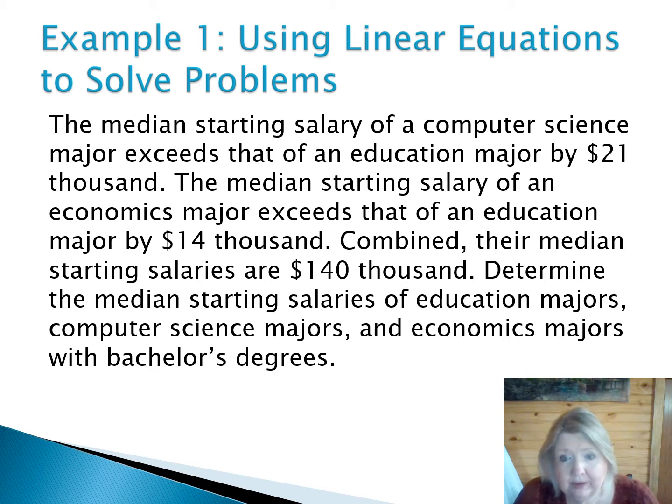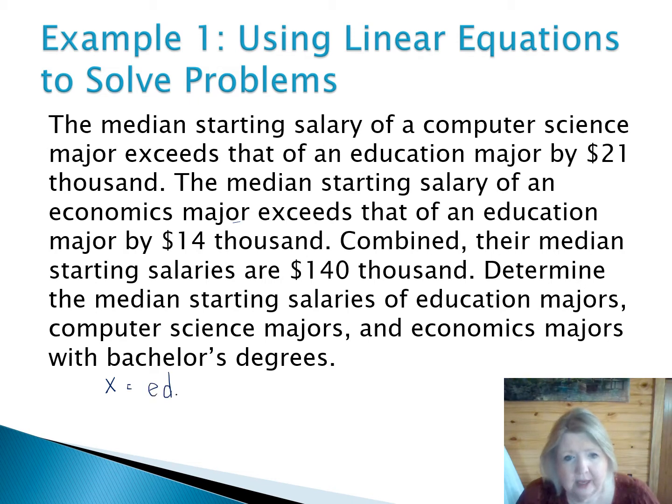But since I like addition better than subtraction, I want to figure out who makes the least. Well, the computer science guy makes more than the education major. The economics major makes more than the education major. And also a hint is that the education major shows up in both. So I want to let x be the median salary of the education major.